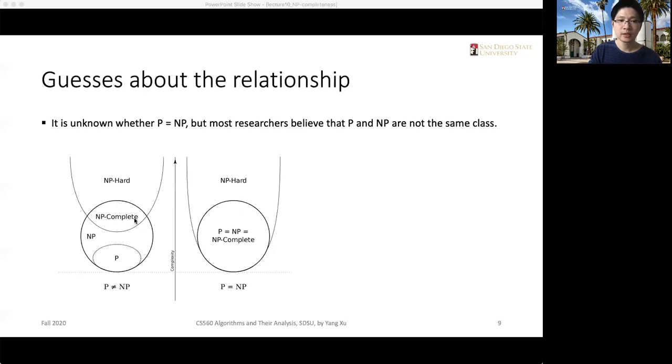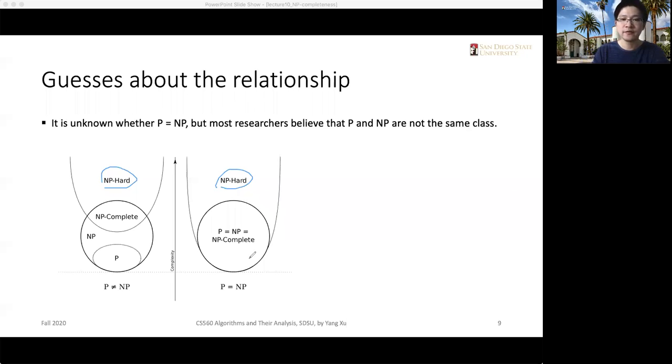Also, in these plots there's another term, NP-hard, which we didn't officially introduce here, but you can think of it as outside the range of NP-complete, which means they can be even harder problems.